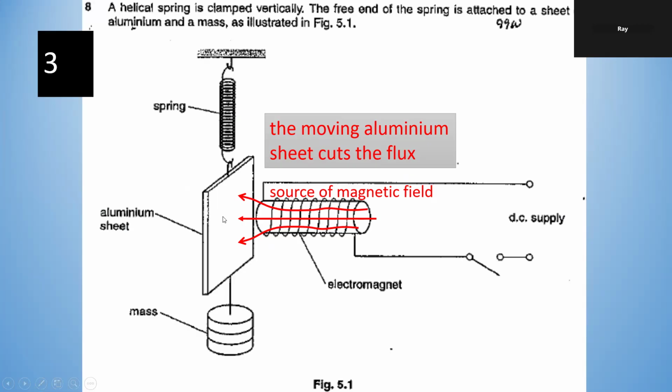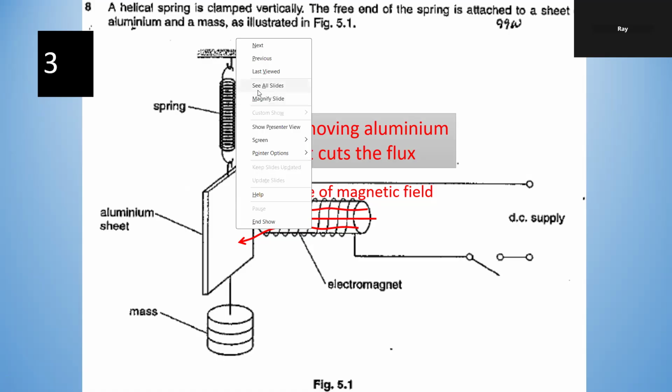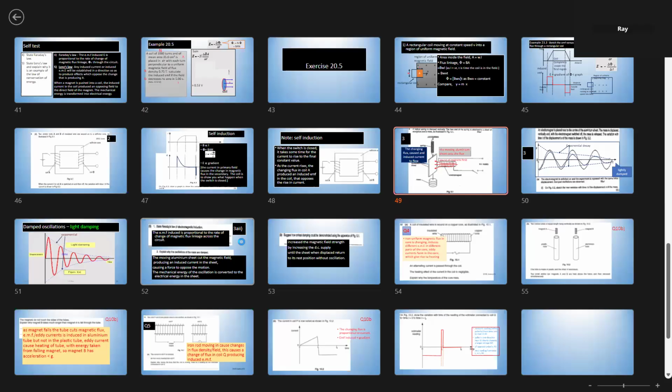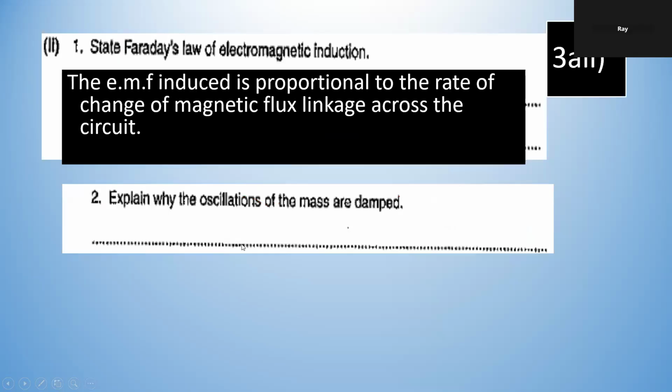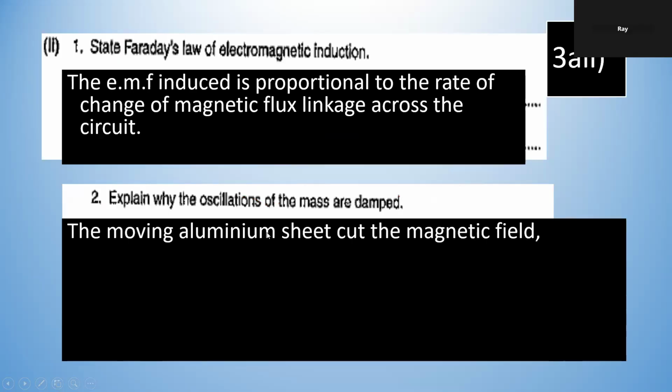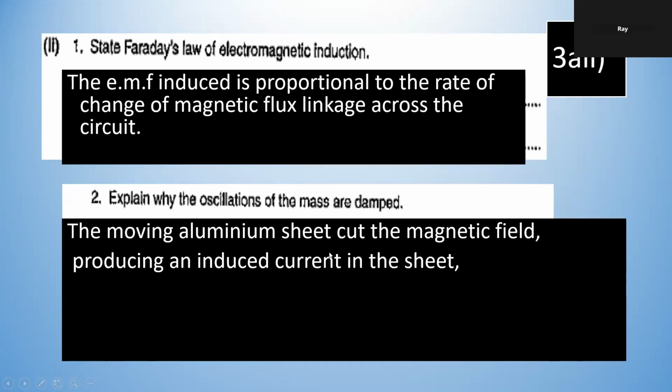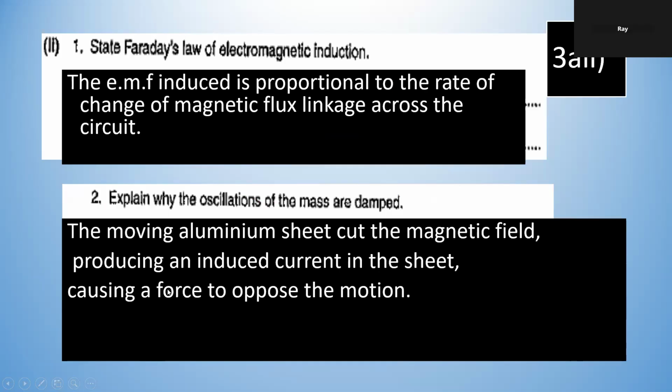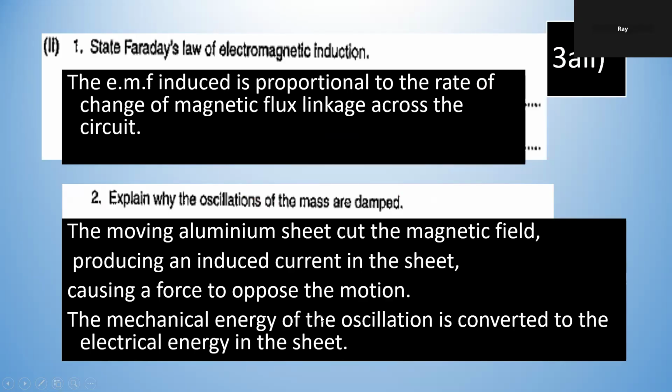So basically your mechanical energy of oscillation is converted to induced current. That's why it's slightly damped. The moving aluminum sheet cuts the magnetic field, producing an induced current in the sheet, causing a force to oppose the motion. Mechanical energy of oscillation is converted to electrical energy in the sheet.